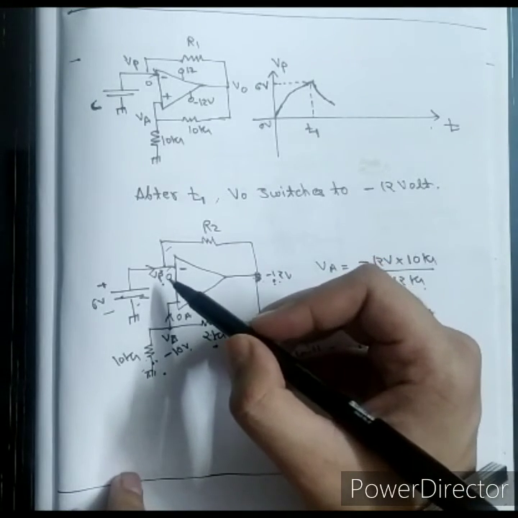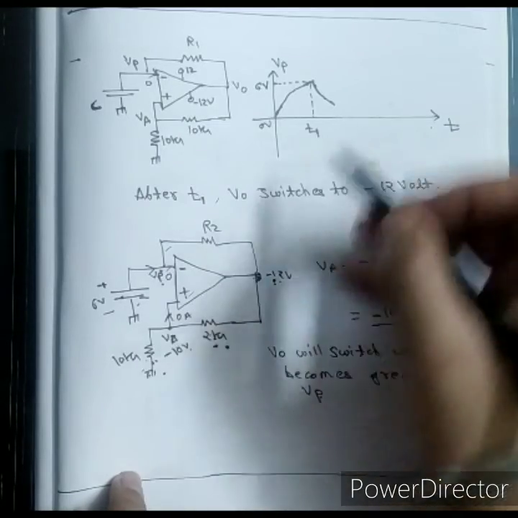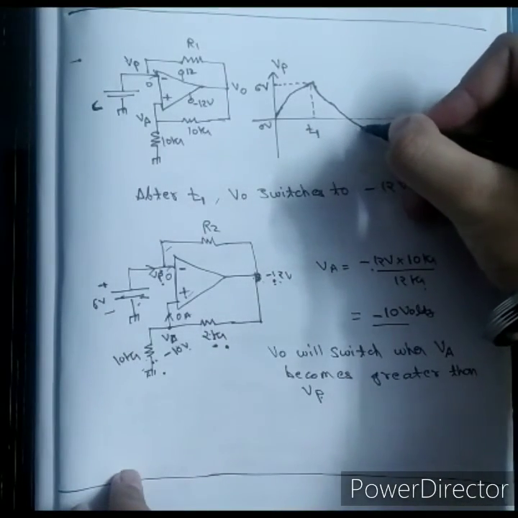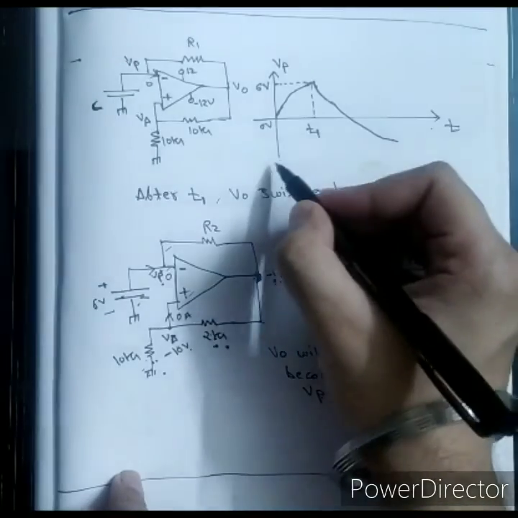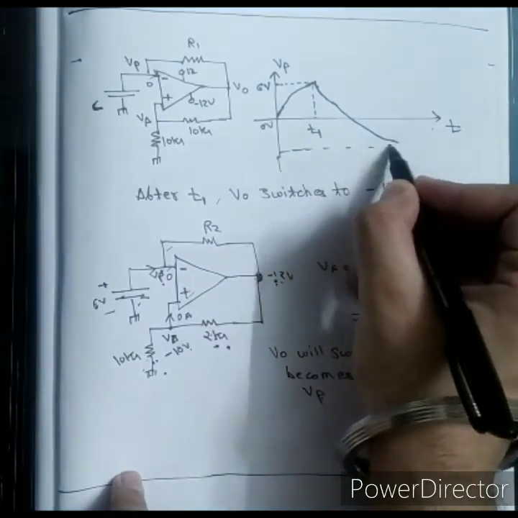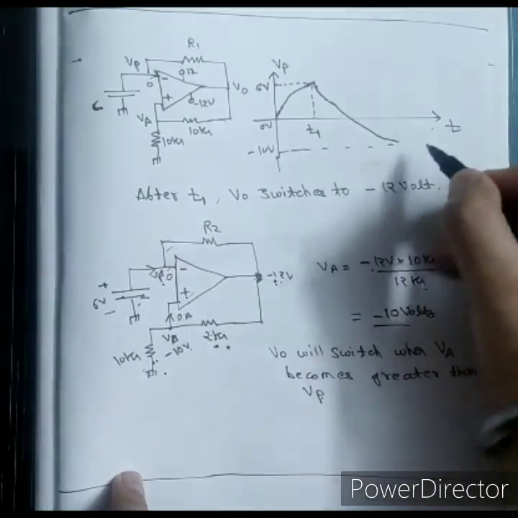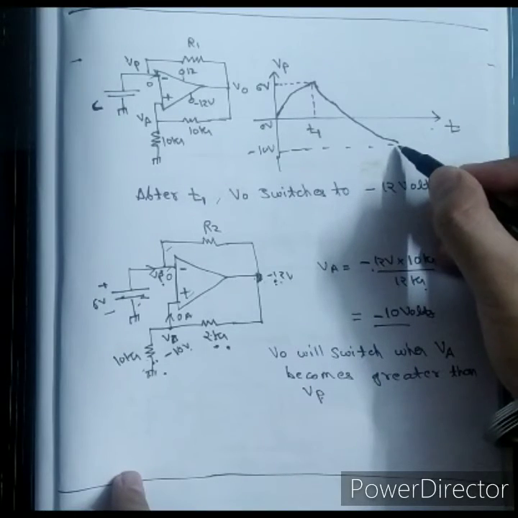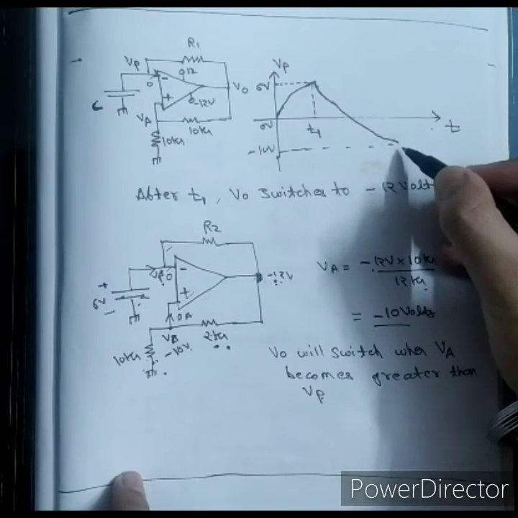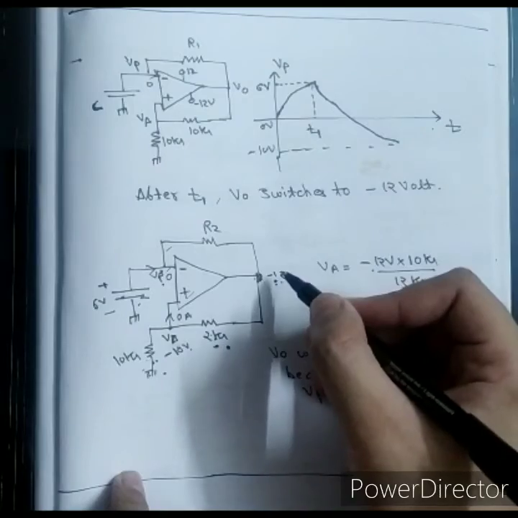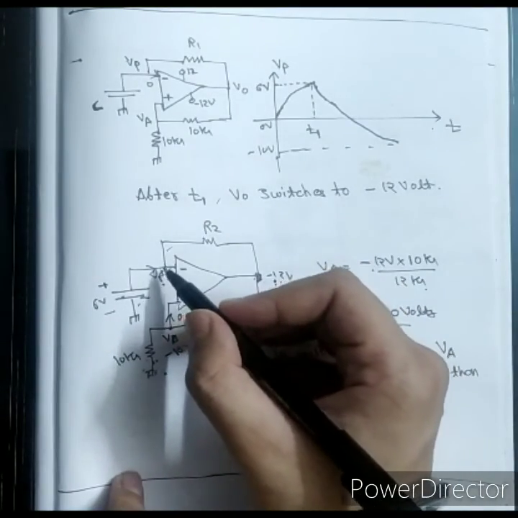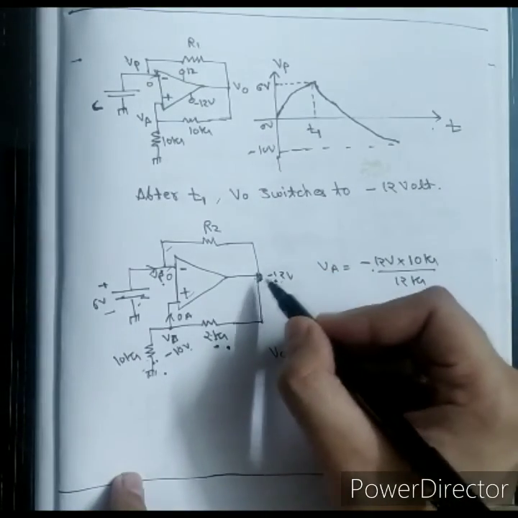Again, if you take this VP, it is decreasing till minus 10. As soon as this potential goes a little bit more negative than minus 10 volt, VO switches, and then this potential will be minus 10 volt and this potential will become 12 volt.